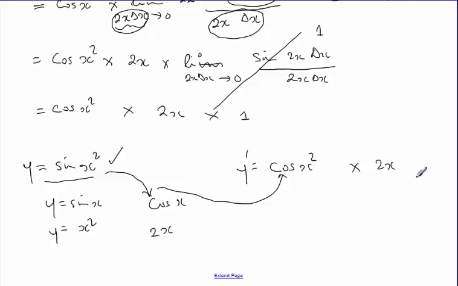Now, when somebody asks what is the process of differentiation, you must be able to say: whenever I'm differentiating, I must get the derivative of the leading function and multiply it by the derivative of the argument. Whenever I'm getting a function, I don't know what the argument is because the argument could be another function. So to differentiate it, I must make sure that I get the derivative of the leading function.